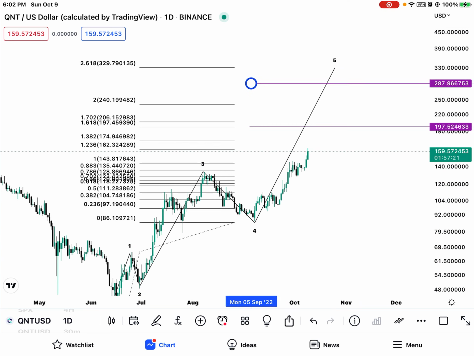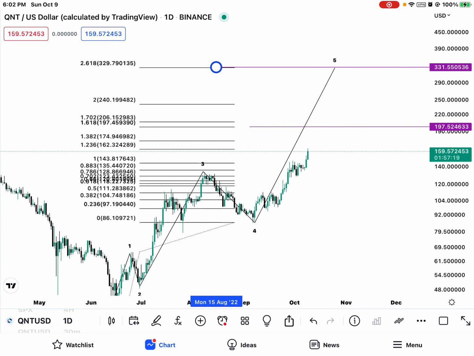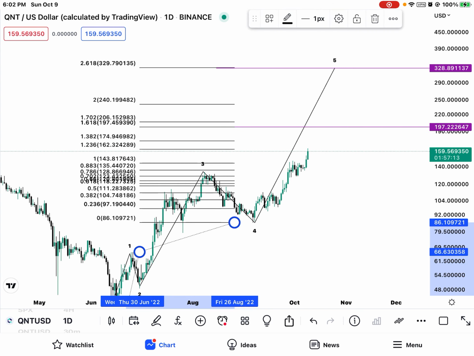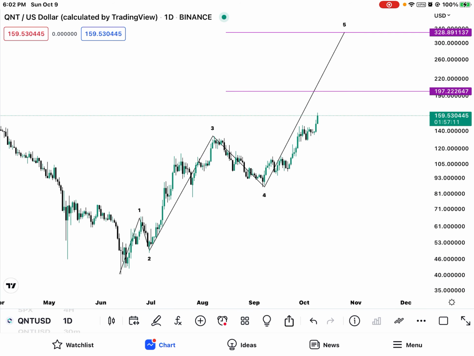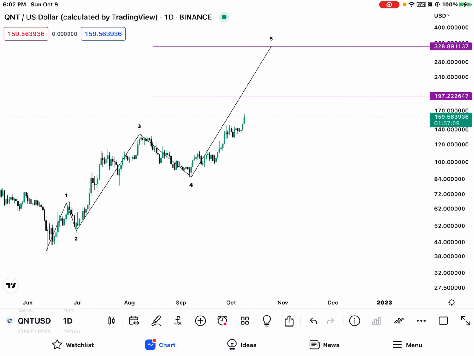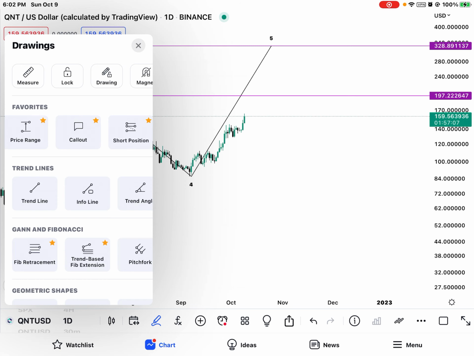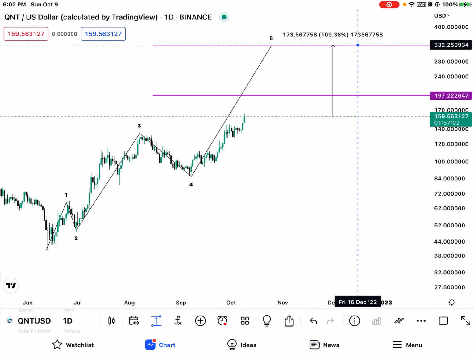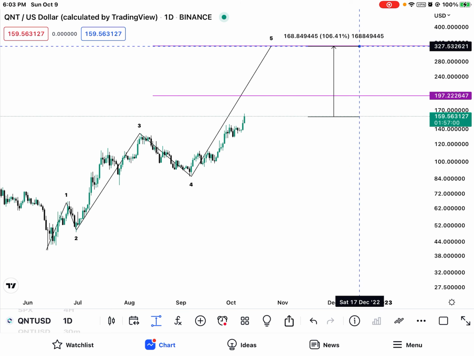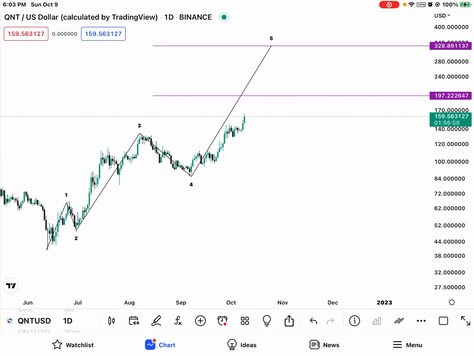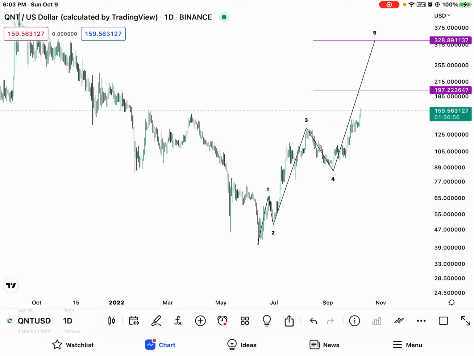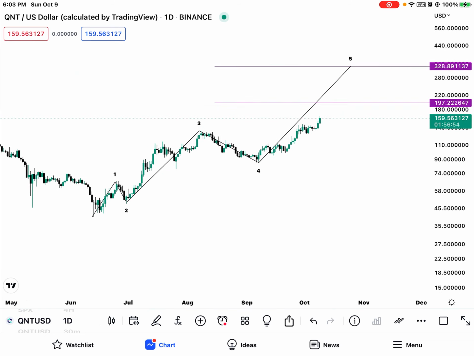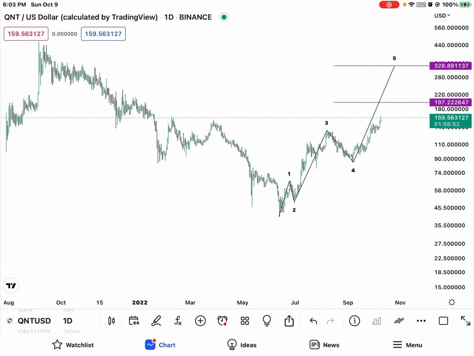So let me just clone this and put that level out there for you. So that could be our wave 5. Now from current prices, that would be about 109%. Okay, so this would be our bullish case.